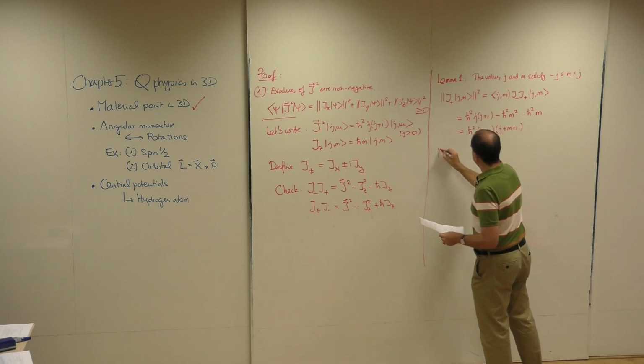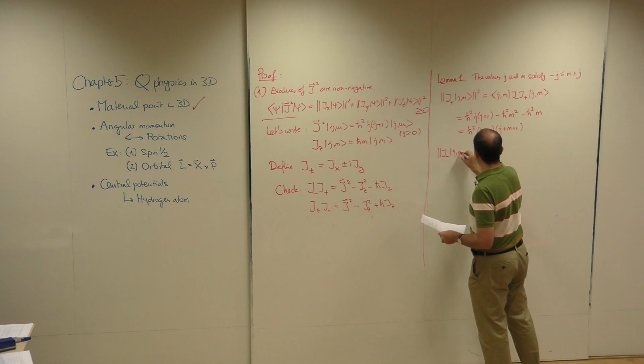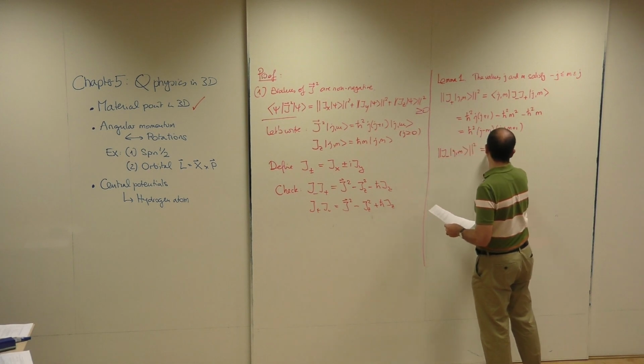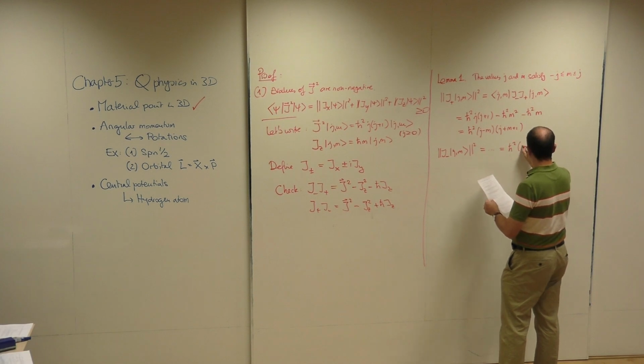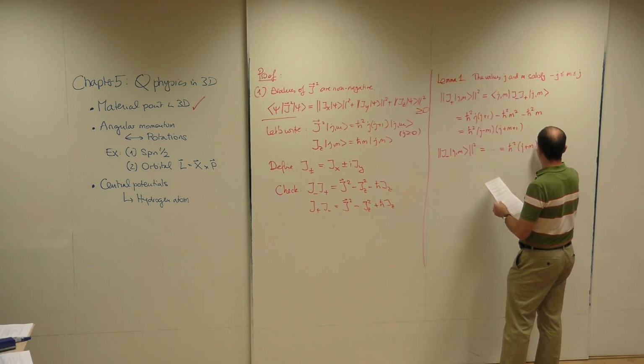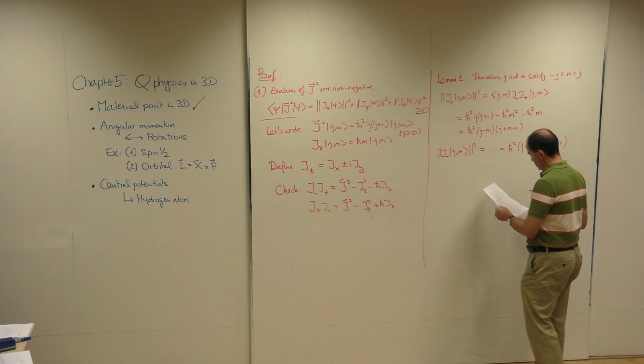Similar calculation for j minus on jm, exactly the same thing. I'm not going to do it here, and you end up with h bar square j plus m, j minus m plus 1.